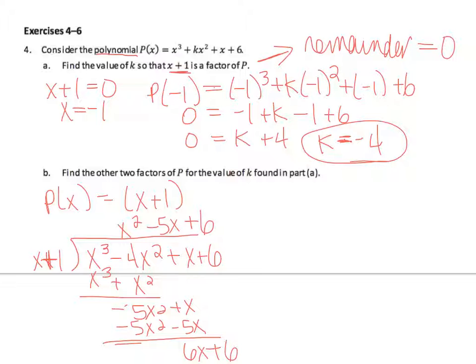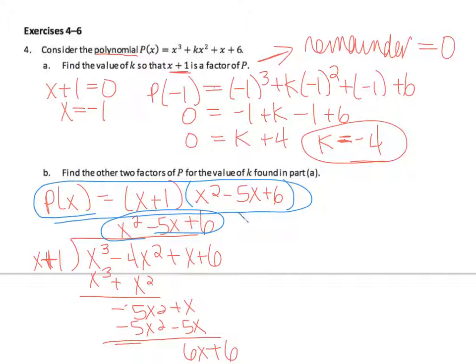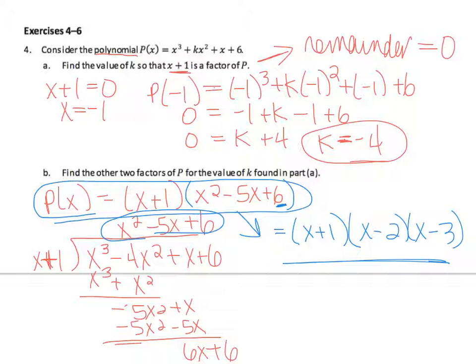So if I put this right here, this is what I need to work on. That trinomial at the end, I should be able to factor. So I have x plus 1, and that would factor into, like, factors of 6 are 2 and 3. So I need x minus 2 and x minus 3. Okay, so there's our answer, the other two factors.